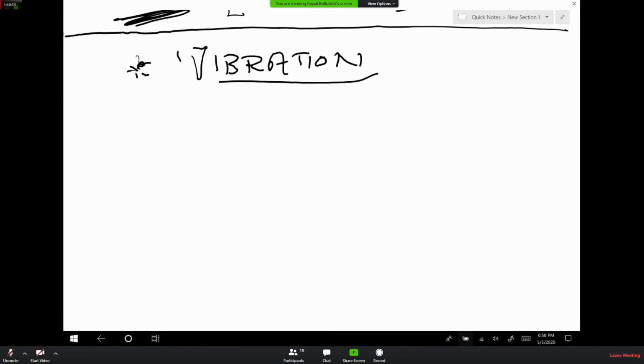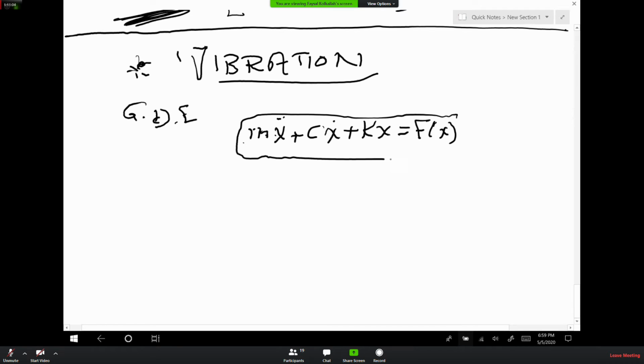If we have a governing differential equation, let's assume M x double dot plus C x dot plus K x equals F, something like that. A mass, spring, and a dashpot.